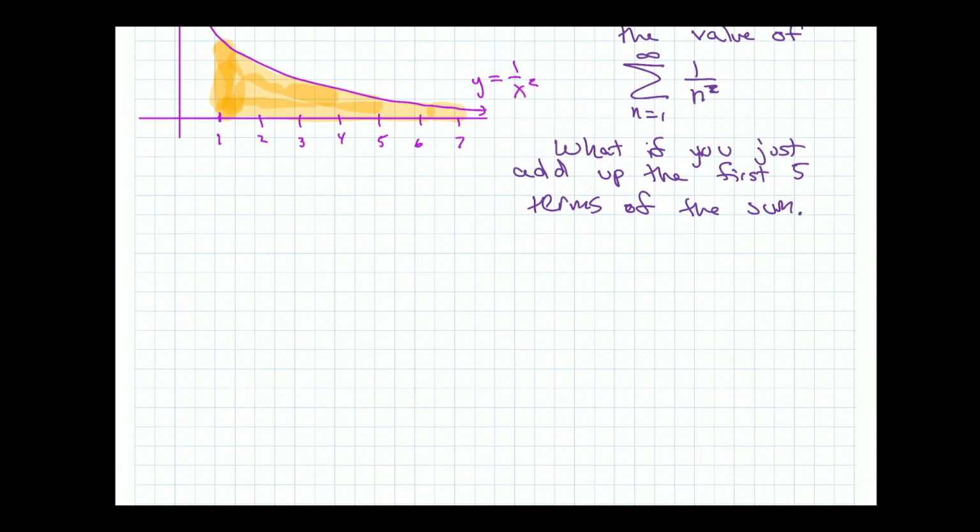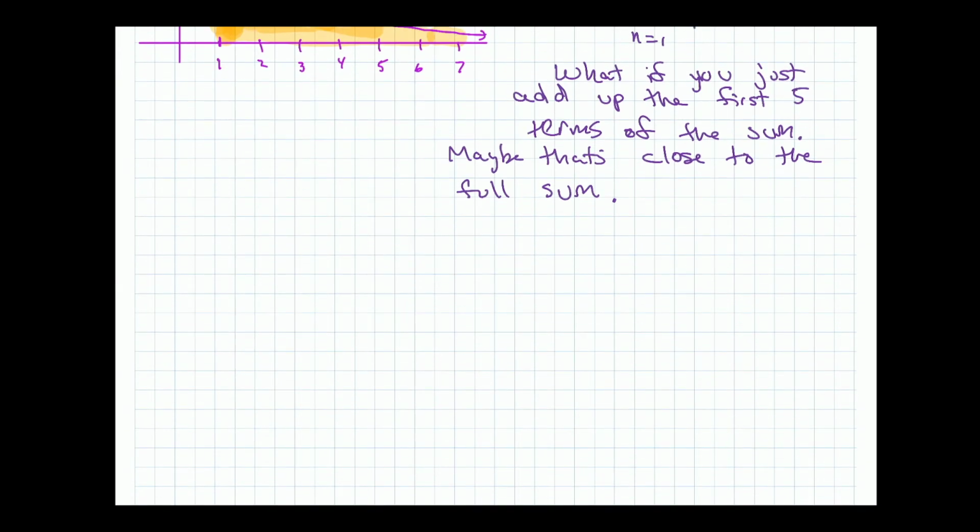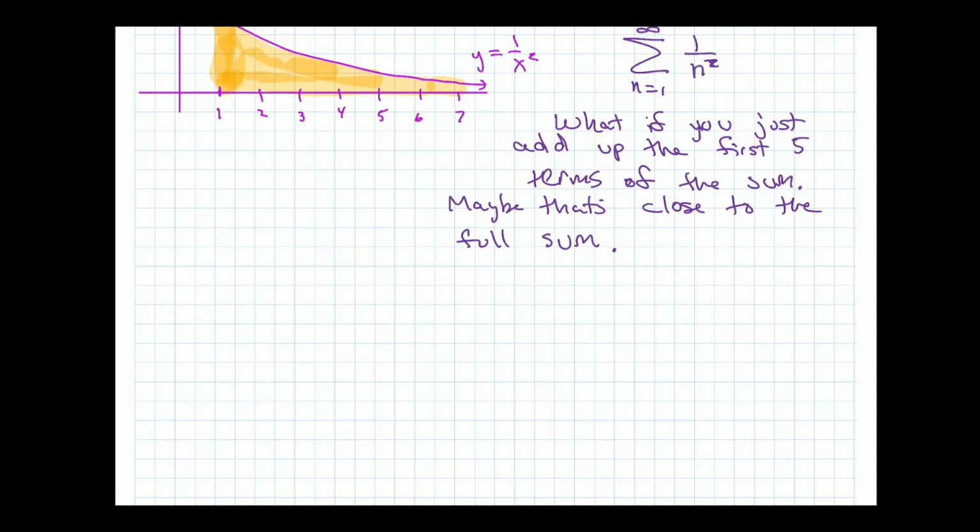It's not the whole sum, but maybe it's pretty close. The reason it would be close is that the terms get smaller and smaller, so the ones at the beginning are more important than the ones at the end. If you add up the first 5, you'd be calculating S5, the 5th partial sum.